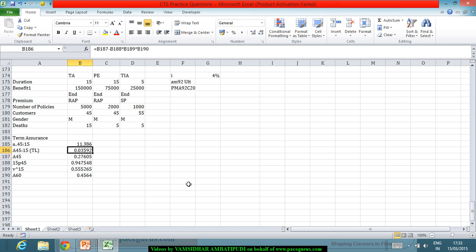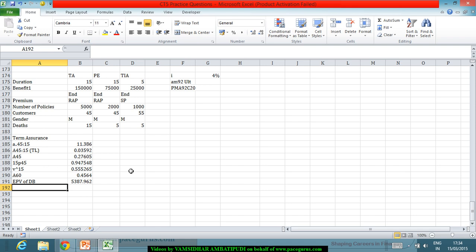So coming out as 0.03, and this entire number I can multiply by the sum assured. So I'll call it the expected present value of the death benefit here. I'll get this multiplied by 150,000.